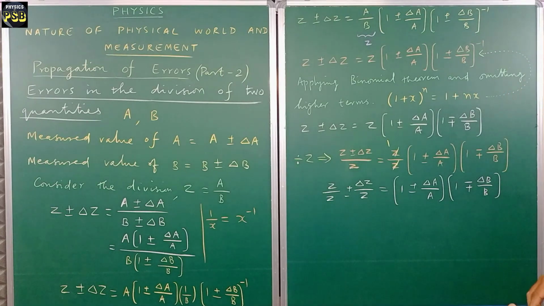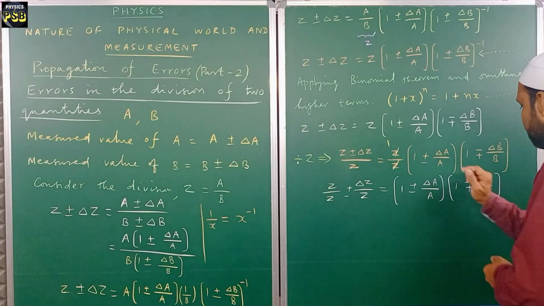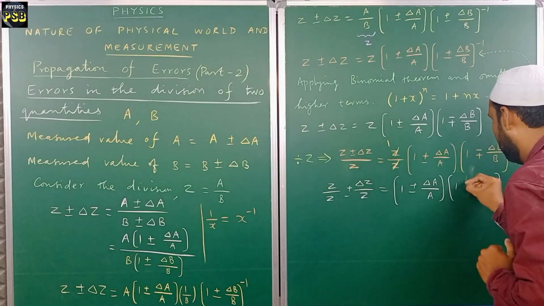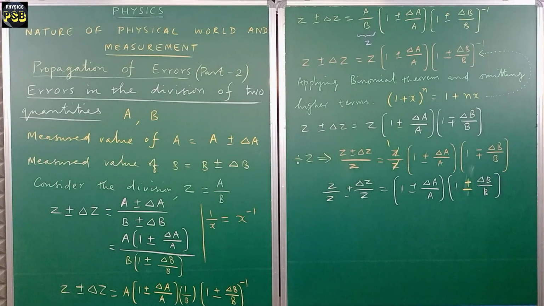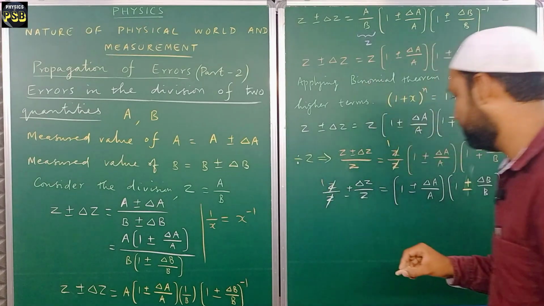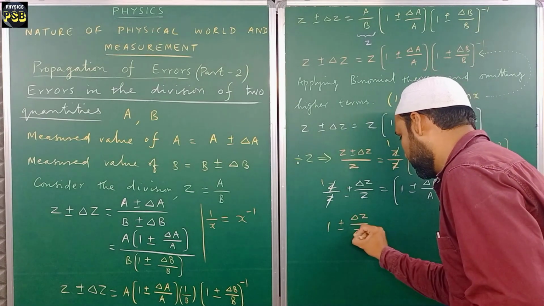Now here is a plus or minus or plus. Both are almost the same, so in place of this I will use plus or minus. Here these two get cancelled, and what we obtain is 1 here. So 1 plus or minus delta z upon z.